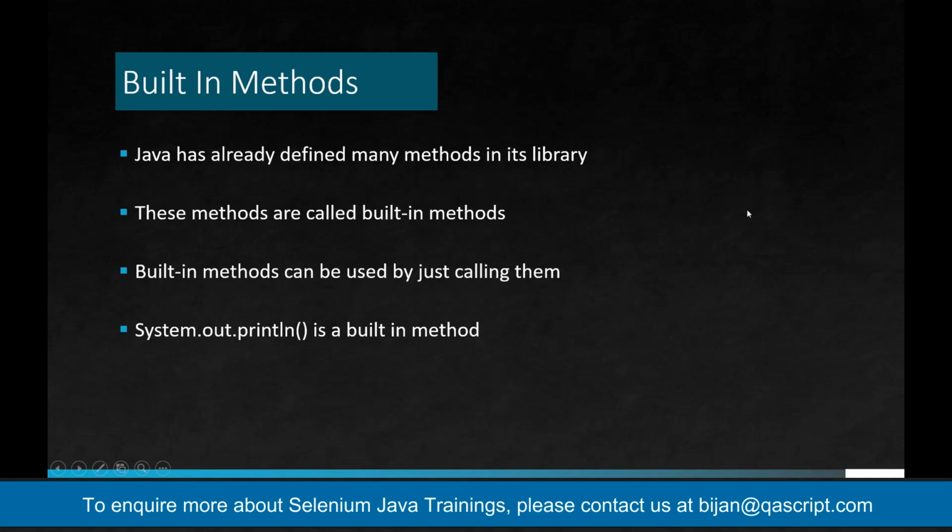So we are not writing any code for System.out.println. We are just calling this method and passing the values. The underlying logic is taken care of by the built-in method, which is written by Java and already present in Java. Similarly, you will find lots of different built-in methods already present in Java.